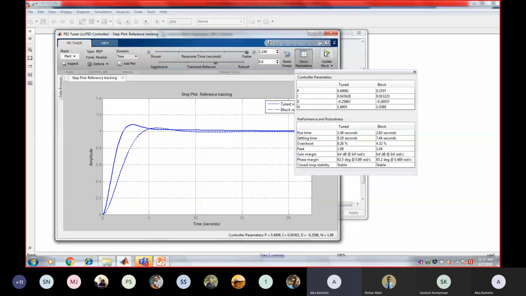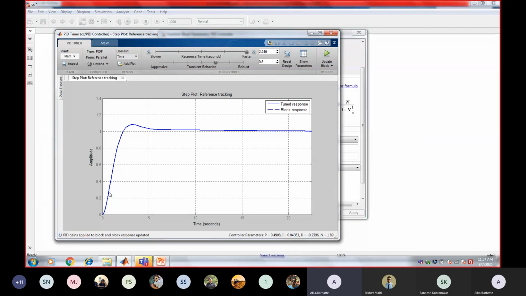Okay, and you can say the update blocks. As I said, we can get everything here, and whatever is the final core after updating, you are able to see here. Here it is represented as 1 because it is the response represented for the unit step.